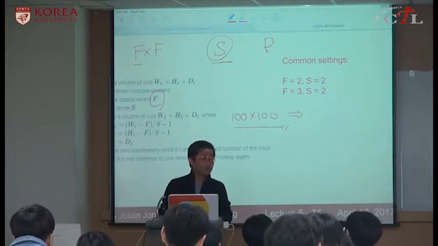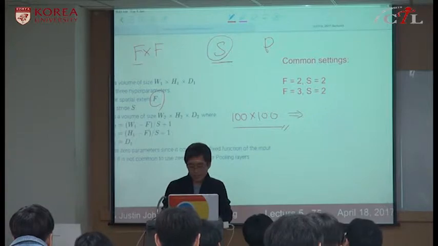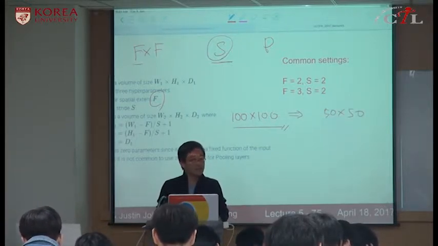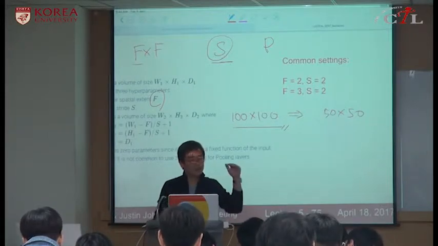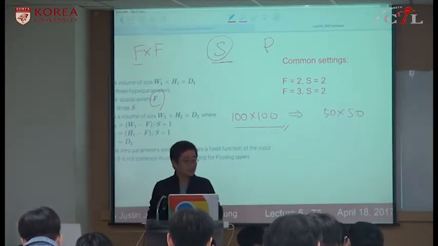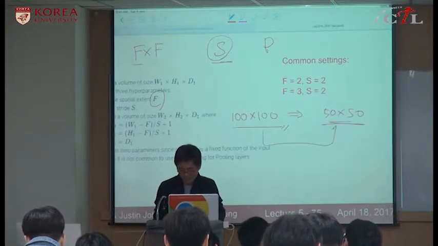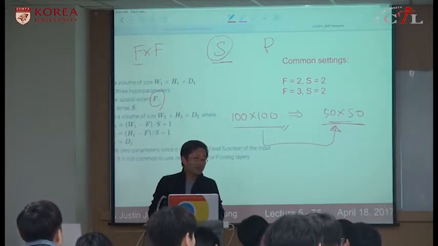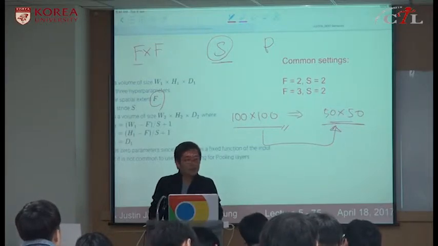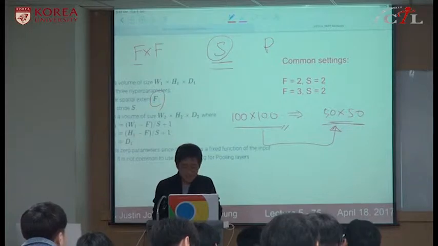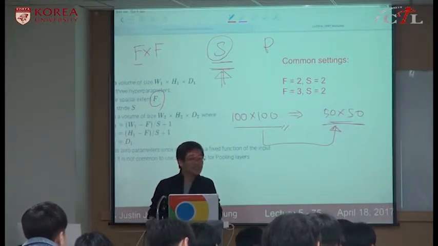Given this 100 by 100, suppose our output image is resized by half along the horizontal and vertical axes. This kind of resizing effect can be controlled mainly by the stride size.